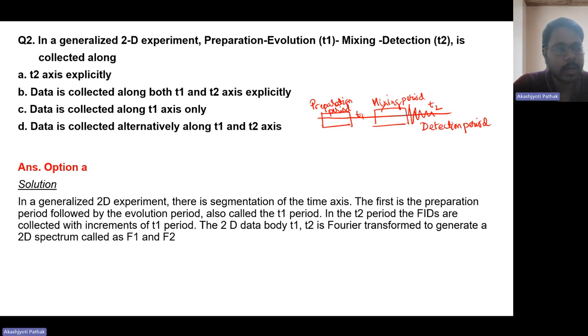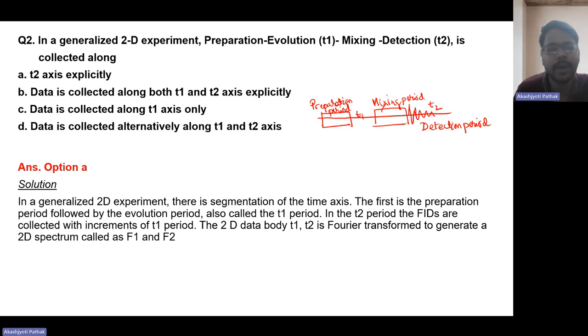So look at the solution. There's a detailed solution. It says that in a generalized 2D experiment, there is segmentation of the time axis. We had seen what segmentation of the time axis is. The first is the preparation period, followed by the evolution period, also called the T1 period. Then there is a mixing period. Following the mixing period, there is the T2 period.